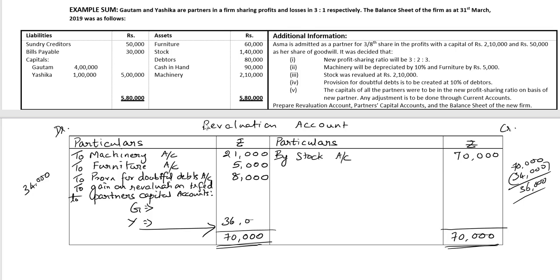Total gain 36,000 to be divided in OPSR, which is 3:1. Comes up to rupees 27,000 for Gautam and 9,000 rupees for Yashika. So this is a revaluation account. We'll go on to prepare the partners' capital accounts.